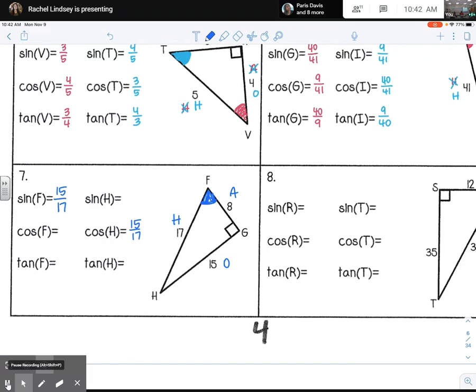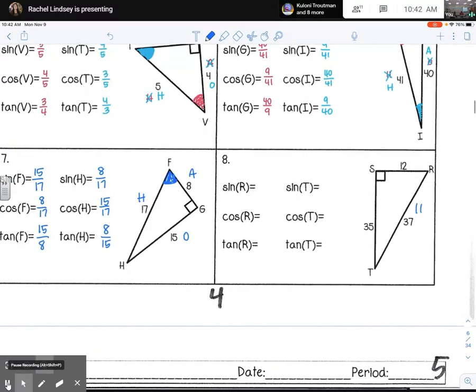Cosine of F is 8 over 17. So sine of H is 8/17. And then tangent is 15/8. So tangent of H is 8/15. So really, you only have to solve for one side. And then you can use that one side to find the other thing. Same thing with the next one.